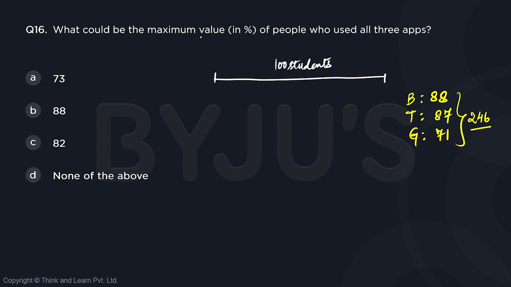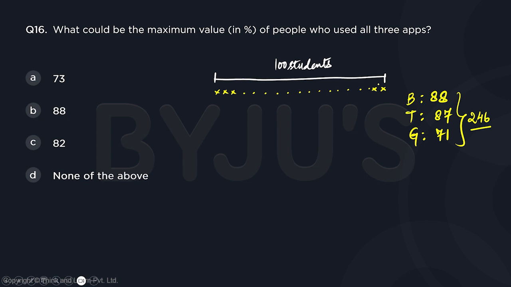Since we need to find the maximum value in percentage of people who use all the 3 apps, we can see that there are 246 chocolates. So we are going to distribute 1 chocolate to everyone. Why do we do this? Because every student should get at least 1 chocolate.